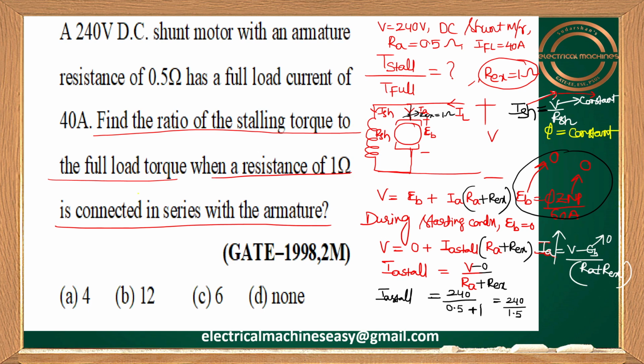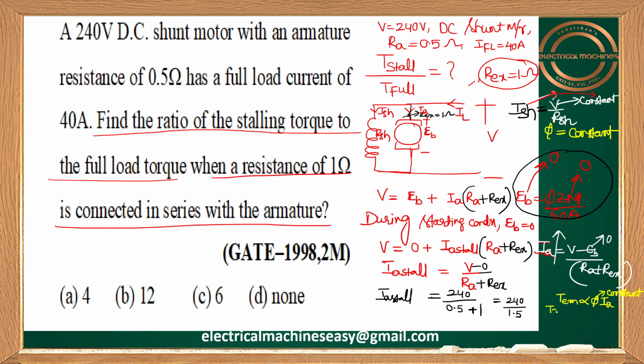What is it asking now? Find the ratio of stalling torque to full load torque. What is the relation for torque? T proportional to phi into Ia. Whenever flux is constant, T is proportional to Ia only.